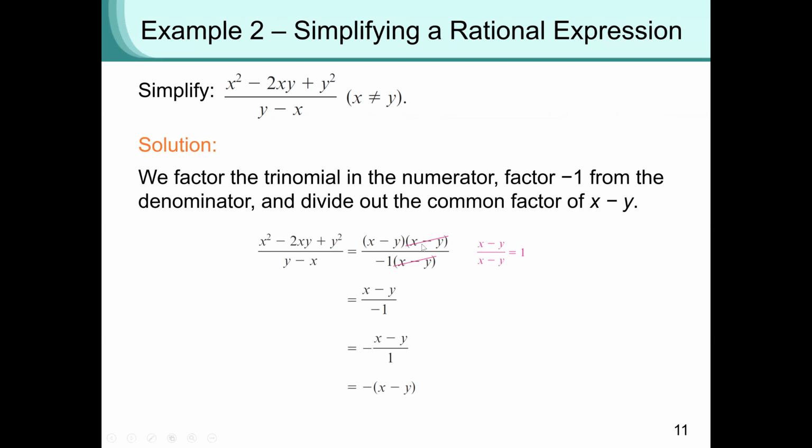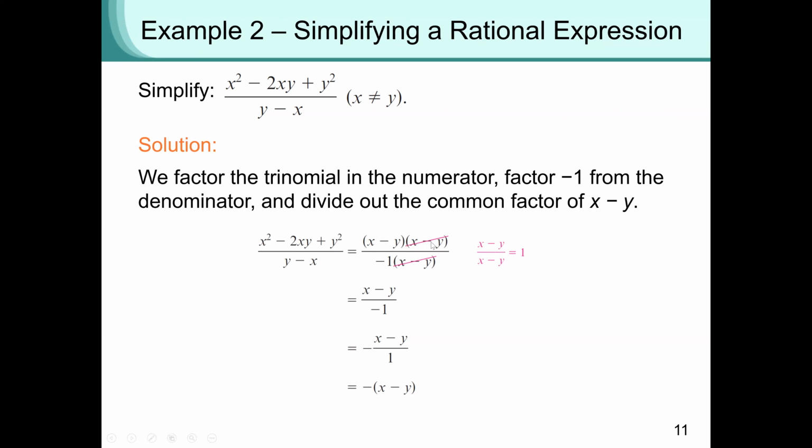Now find values that when you multiply, you get y squared, and when you combine, you're going to get minus 2xy. And that's what we did here. So we get x minus y, another x minus y.